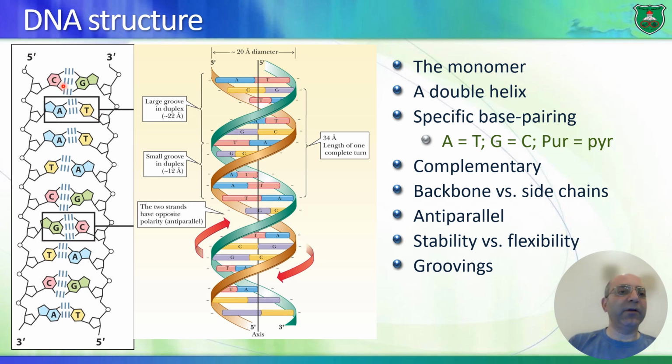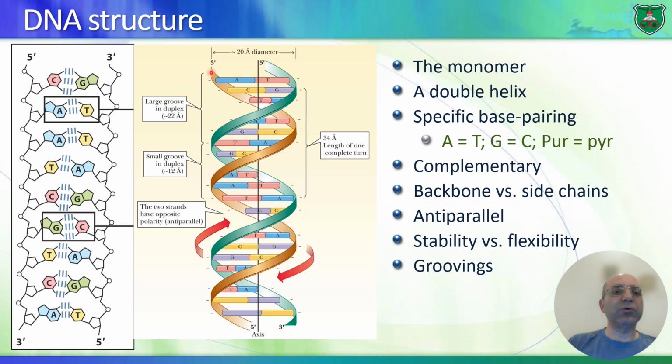In addition to the base, each nucleotide is also made of a sugar, a deoxyribose sugar, and a phosphate. DNA is a double helical molecule.